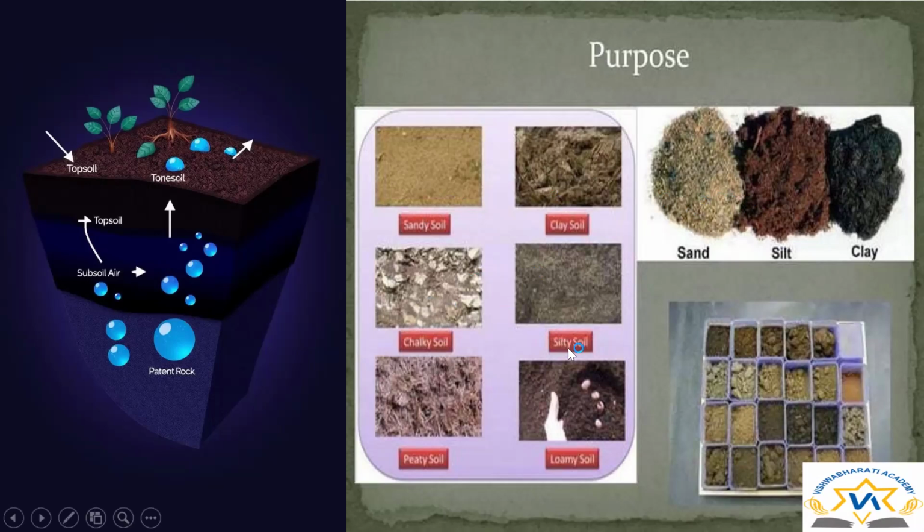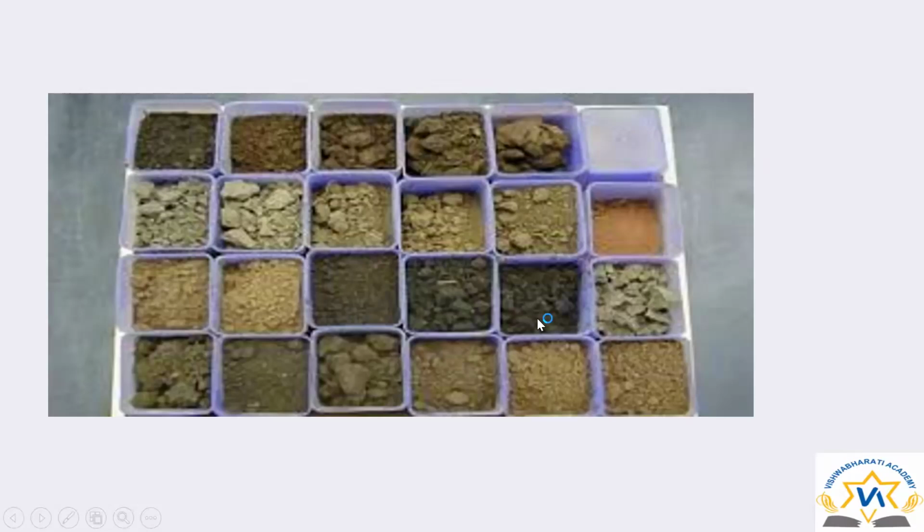The various particles of different sizes are shown in this picture. The first one is particle size classification, in which the soil is classified with the help of particle size.